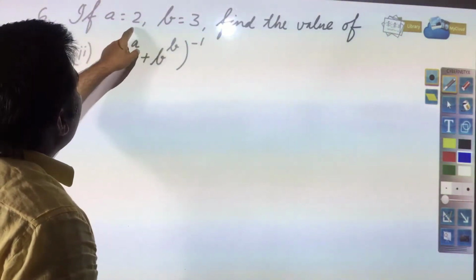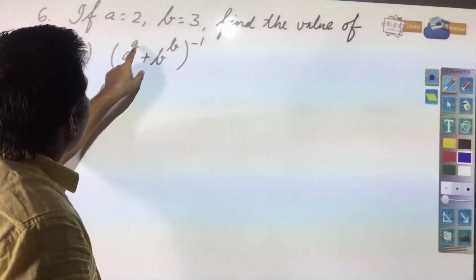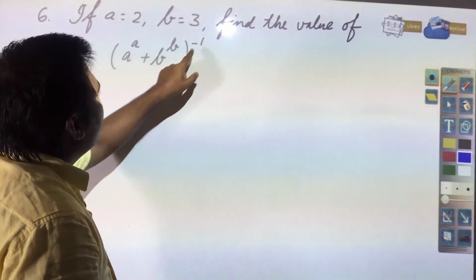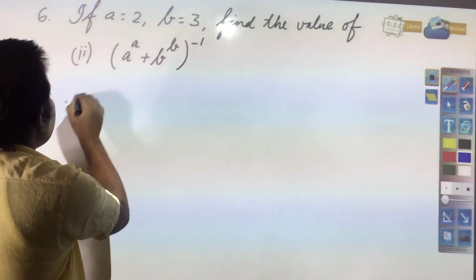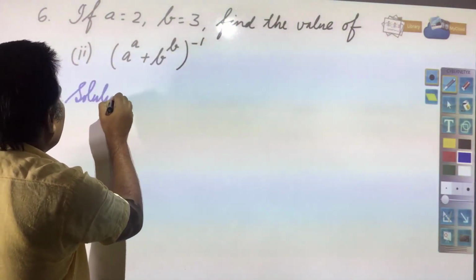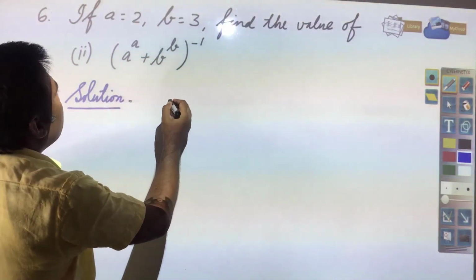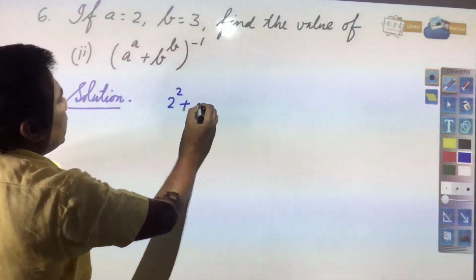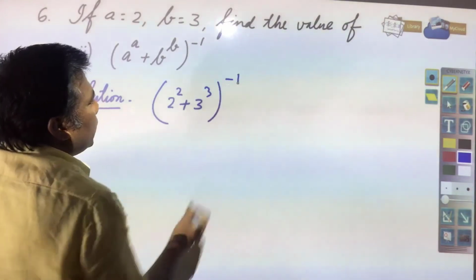Next you have, if a is equal to 2, b is equal to 3, find the value of a to the power a plus b to the power b, whole to the power minus 1. So, here you see how we will do. a to the power a means 2 to the power 2, b to the power b means 3 to the power 3, and to the power minus 1.